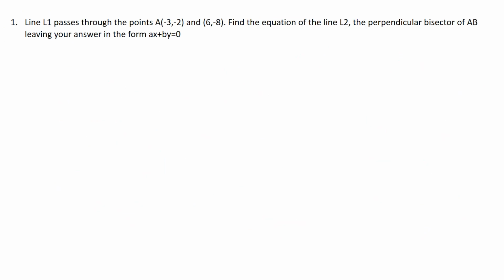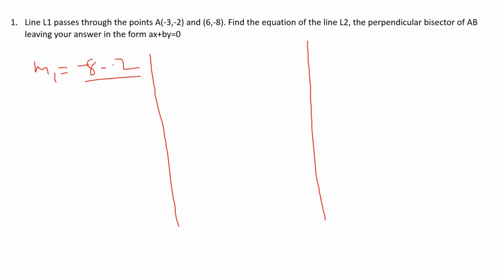So in this question we are told the line passes through the point -3 and 6, and we are to find the equation of line 2 that is the perpendicular bisector. So we need first of all to get the gradient of the first line, which we know that our m1 will be equivalent to -8 minus 2, all divided by 6 minus 2.